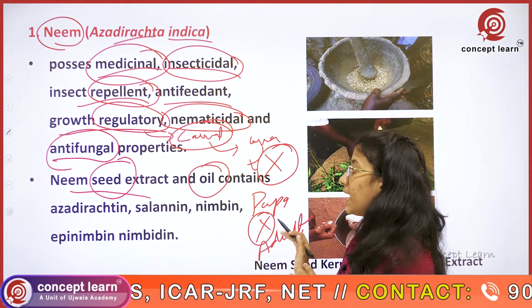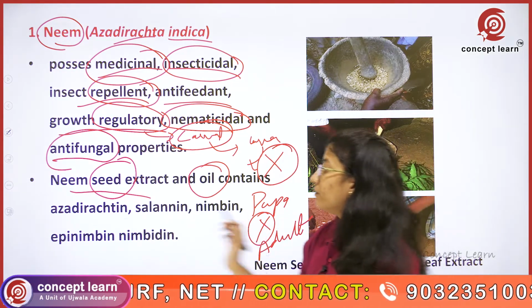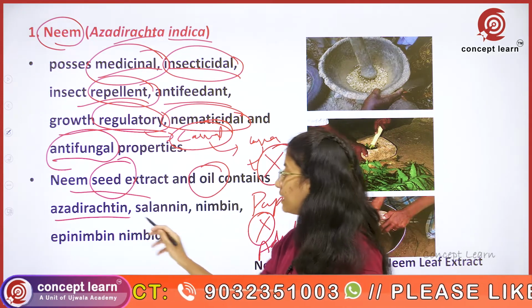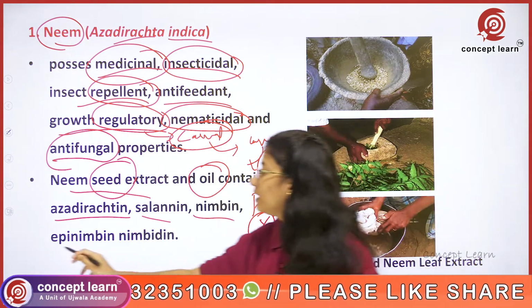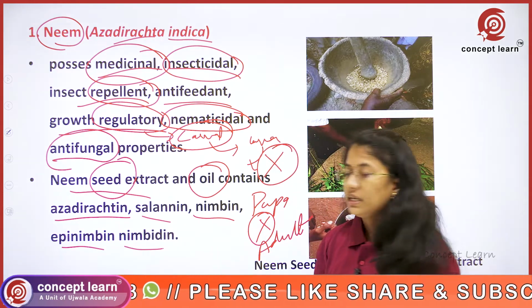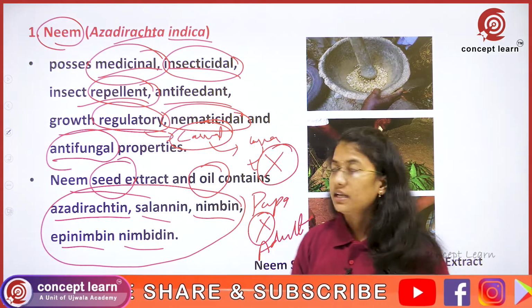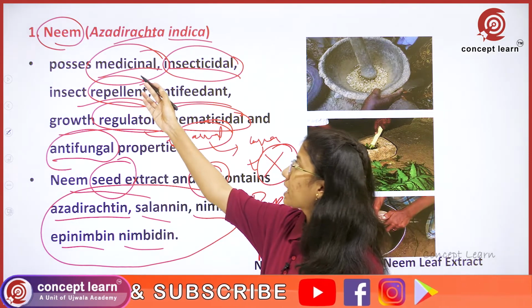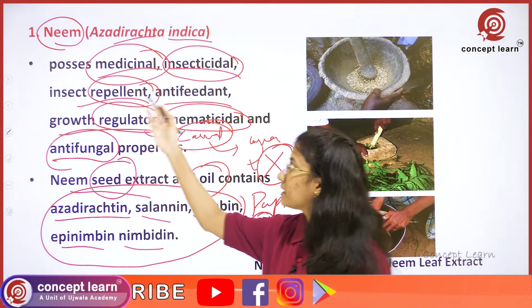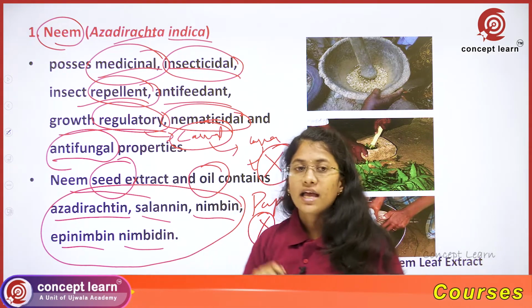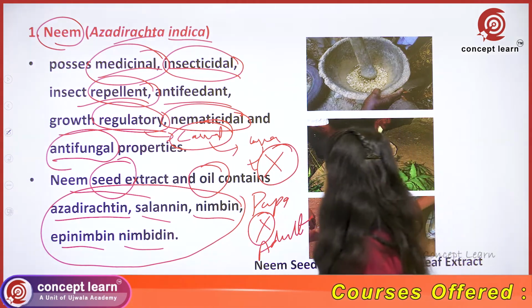The seed and oil have major compounds like azadirachtin, salannin, nimbin, epinimbin and nimbidin. These compounds possess all these medicinal, insecticidal, insect repellent, antifeedant, growth regulatory, nematicidal and antifungal properties.